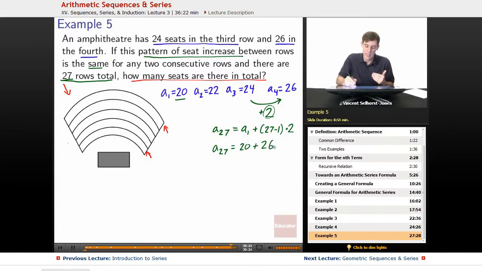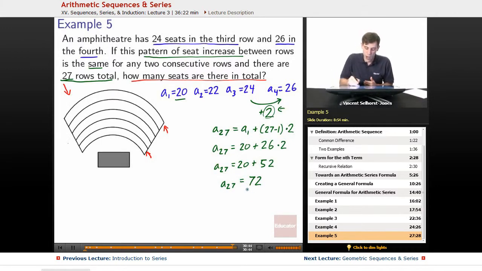That's going to be 26 steps times an increase of 2 for every row we go forward. We work this out. So that means our 27th row is equal to 20 plus 26 times 2, which is 52. A27, the number of seats in our 27th row, 20 plus 52 is 72 seats.